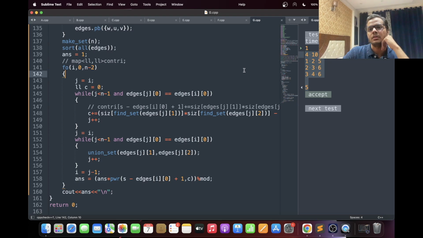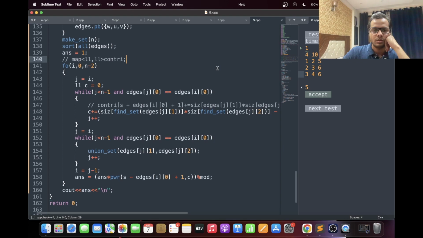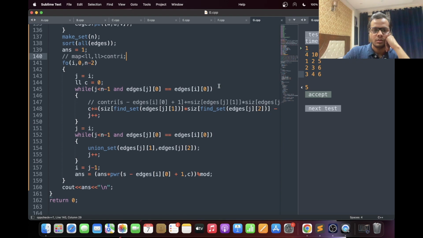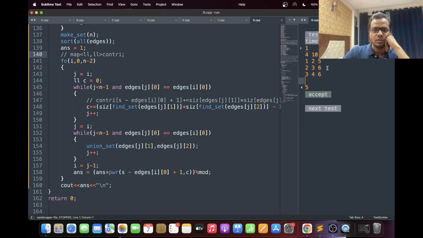We're getting 5 here. Between 1 and 3 we have 5 choices, and between 1 and 4 we also have 5 choices, right? This is clearly wrong. Okay, yeah, that makes sense.